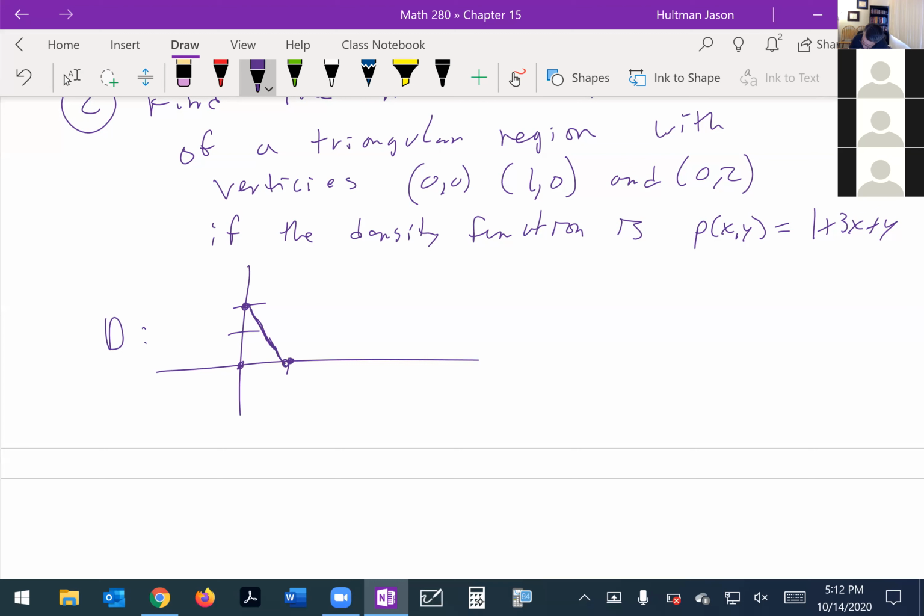So you get that, right? Maybe I'll make this a little bigger. So (0, 0). Let's space this out really nicely. That's 2.